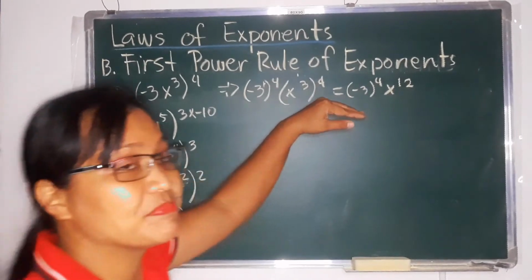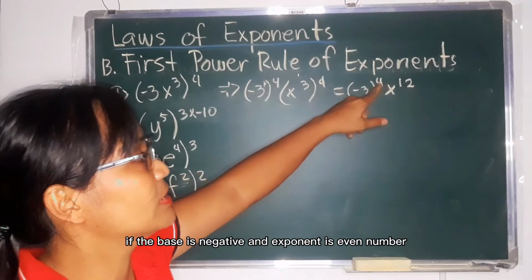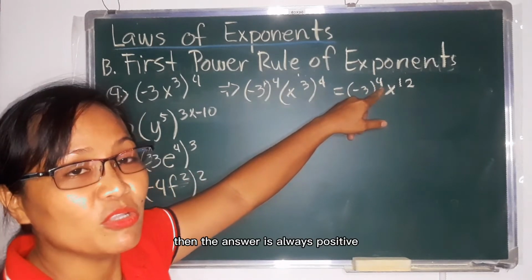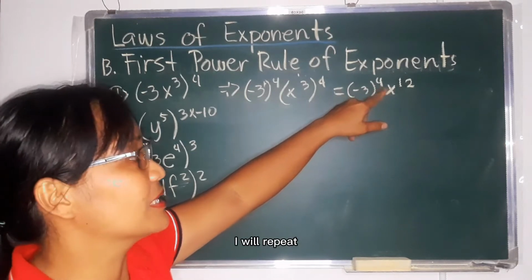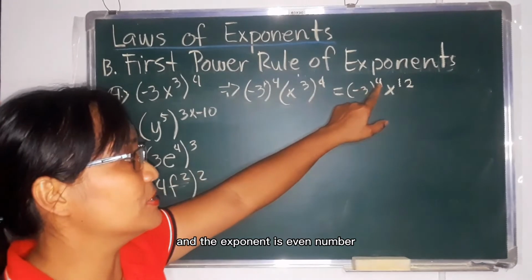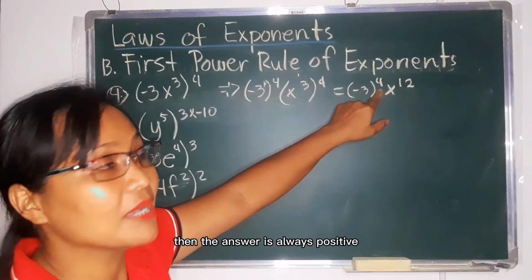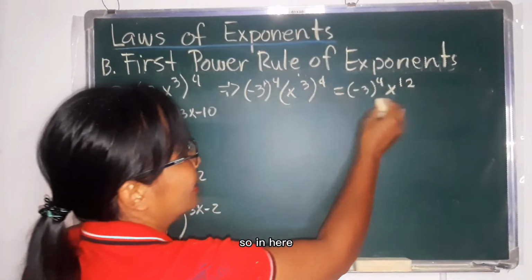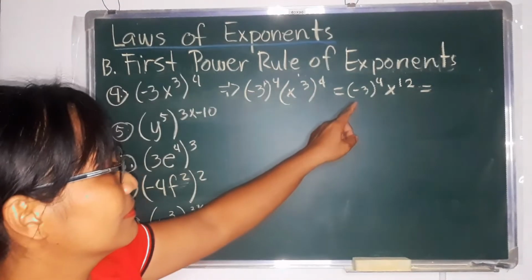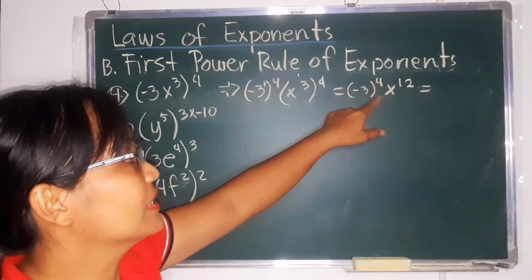Remember this one. If the base is negative and the exponent is an even number, then the answer is always positive. I will repeat. If the base is negative and the exponent is an even number, then the answer is always positive. So in here, we already have a positive answer because the exponent is an even number.